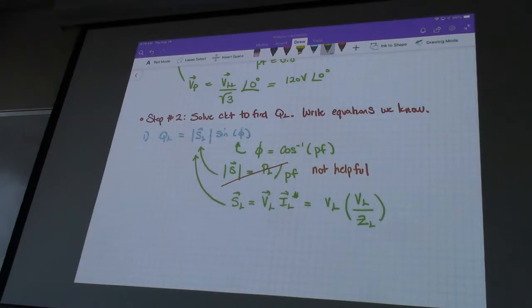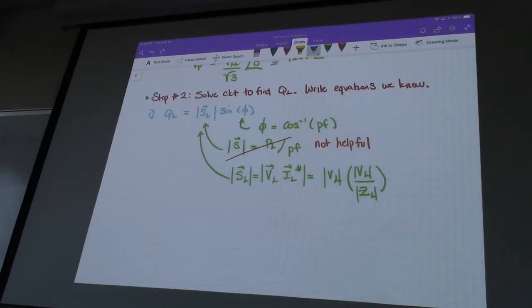And if we want to find just the magnitude, we may not know what ZL is, but we do know the magnitude of ZL. So by putting magnitudes around everything, now we have the numbers required to solve that. So that one will be helpful.